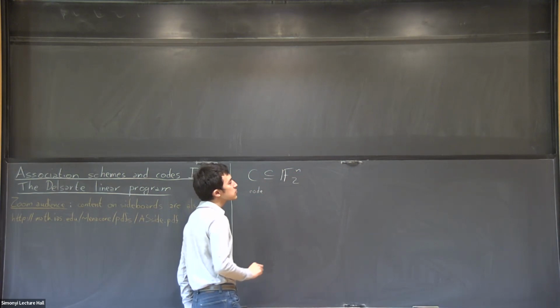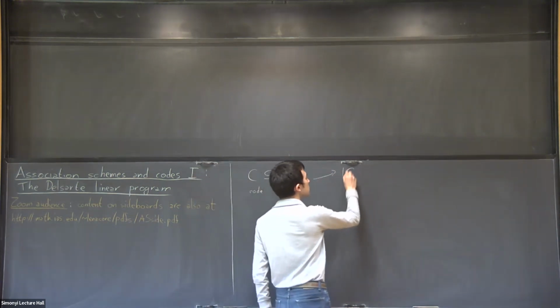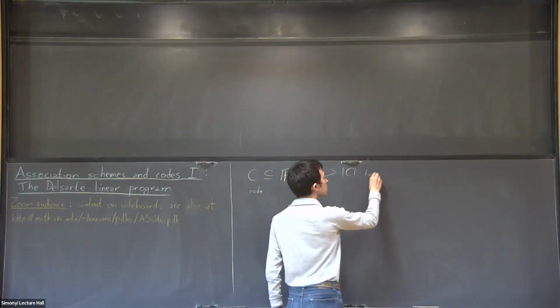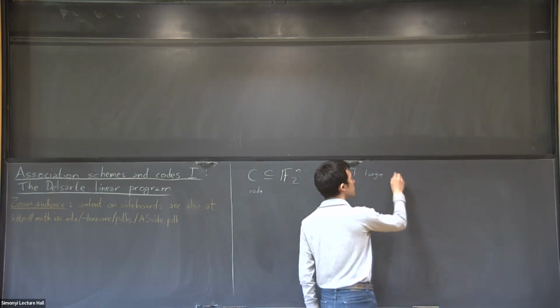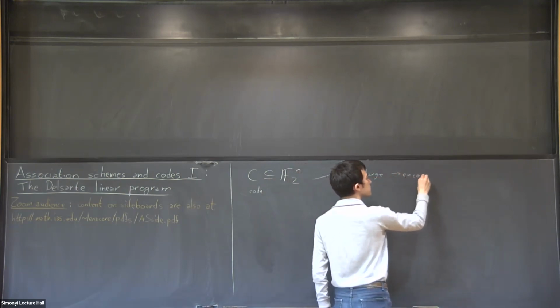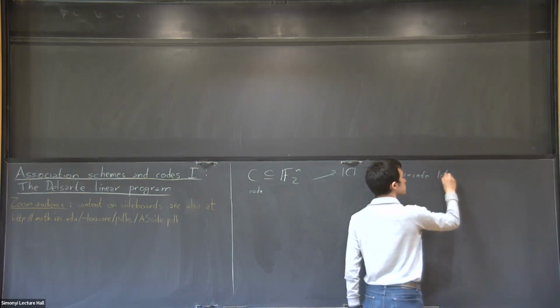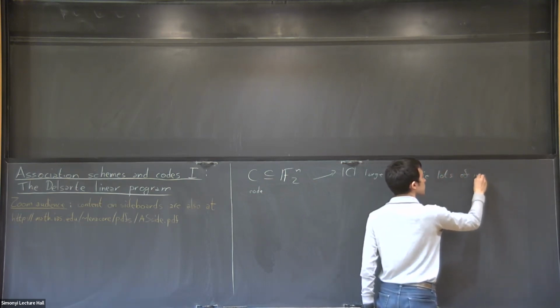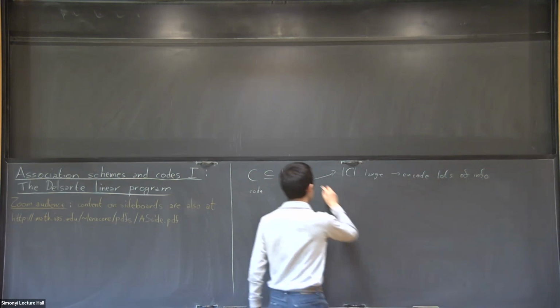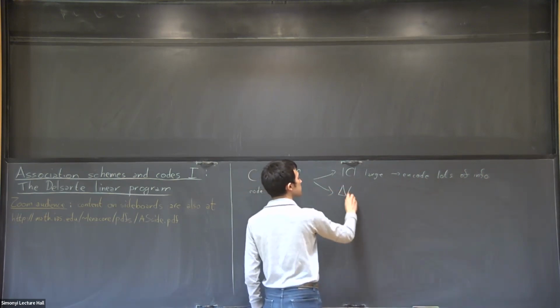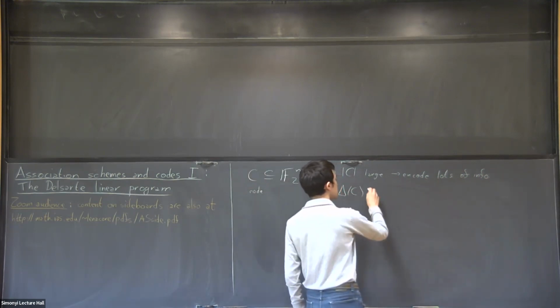And you're interested in two quantities. First, you want the size of the code to be large so that you can encode a lot of information. On the other hand, you also want the distance of the code to be large. So what is the distance?